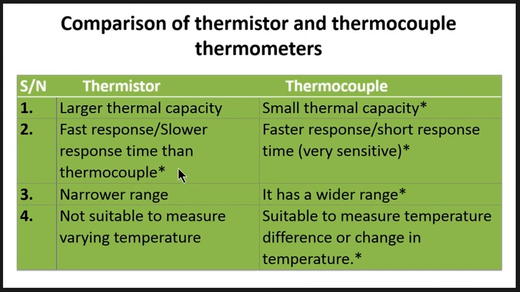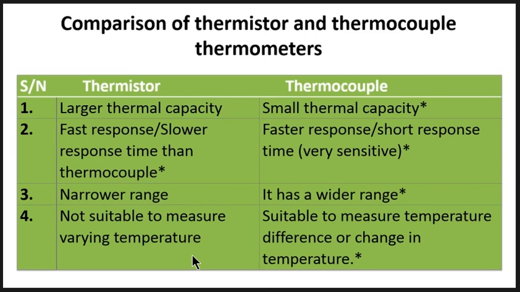Then again, the thermistor has a narrower range, while the thermocouple has a wider range, meaning it can measure a wider range of temperature. Next, the thermistor is not suitable for measuring varying temperature; it can only suitably measure constant temperature.